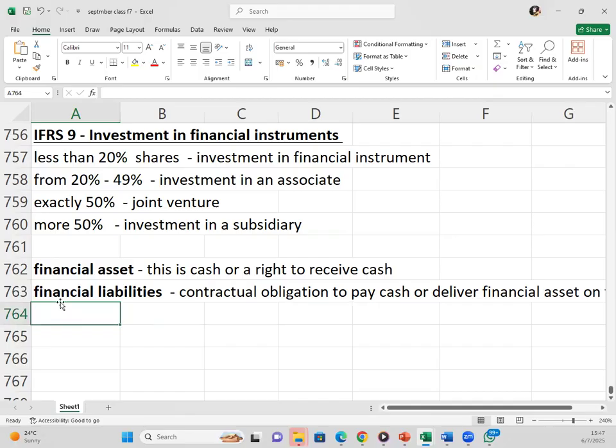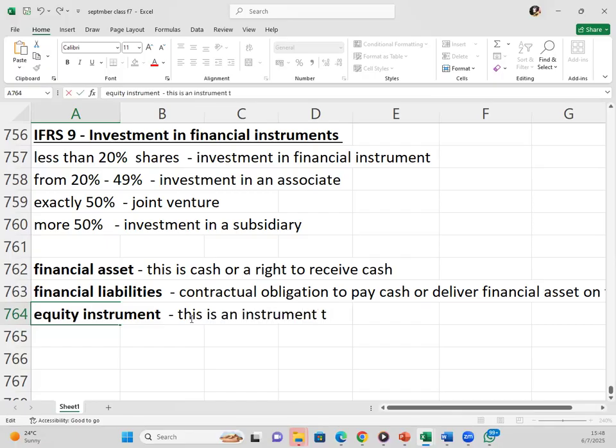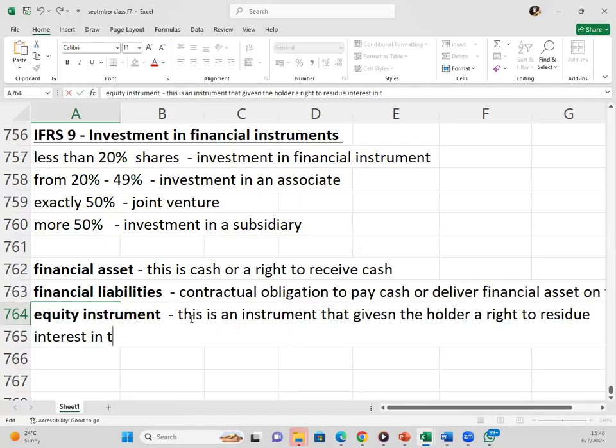An equity instrument is an instrument that gives the holder a right to residue interest in the entity.